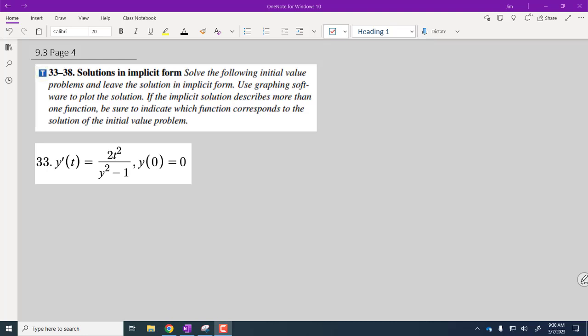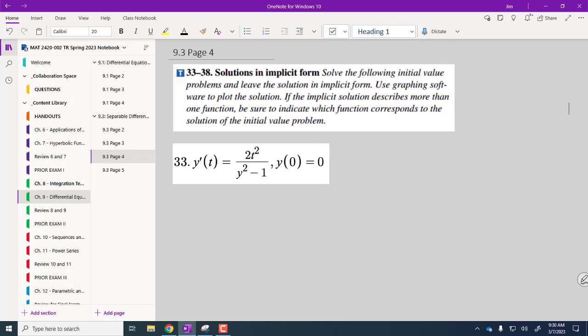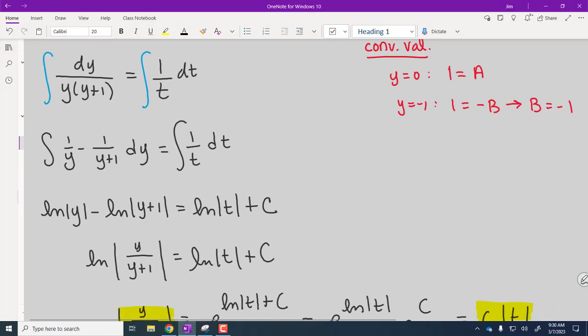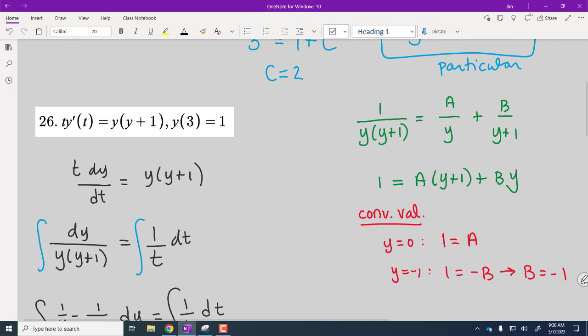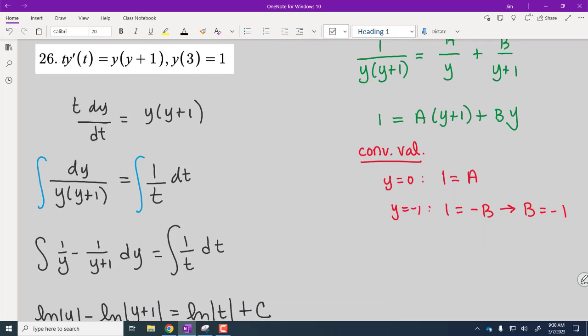So we are dealing with differential equations, and let's just recall that we're dealing with differential equations that are separable. Our goal with this type of differential equation, which is the first type you study in any course, is to have all the y's on one side and all the t's or x's on the other.